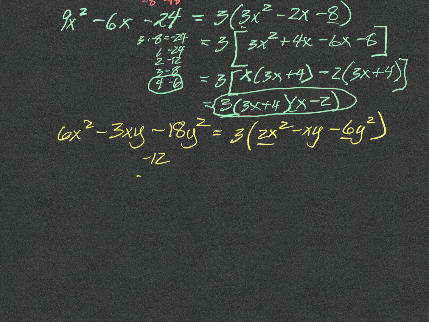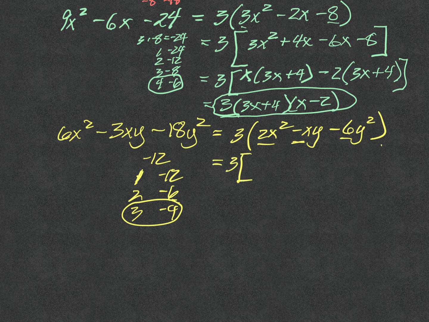And we write our factors. 1, negative 12. Why do I do it that way? Because it's a negative when we add them. So I want the bigger one to be negative, right? And then 2, negative 6, and then 3, negative 4. So this is the right choice because that gives us a negative 1.